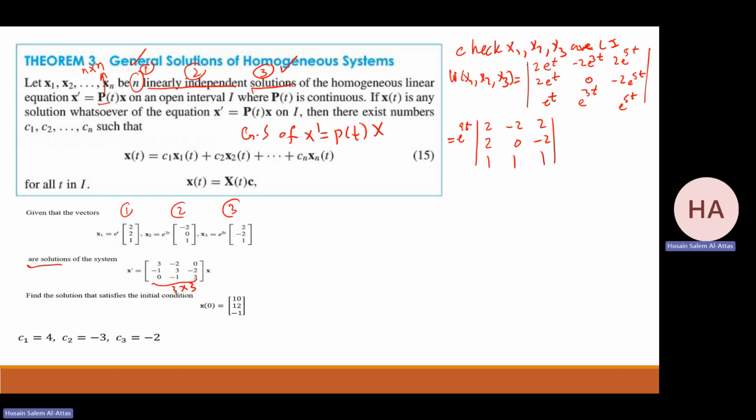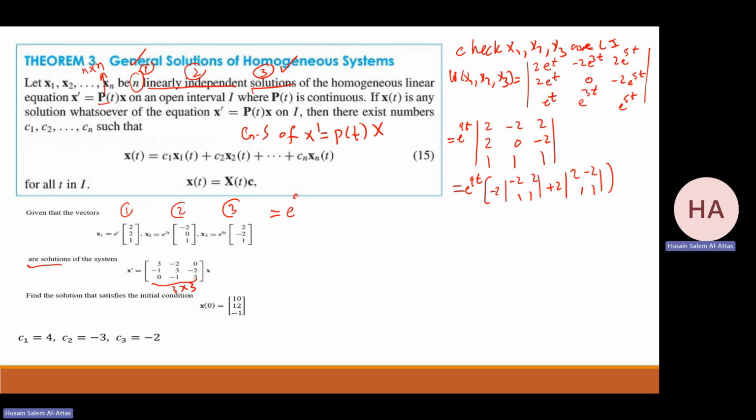I'll do the expansion with the second row: minus 2 times the minor 2, 2, 1, 1, plus 2 times the minor 2, minus 2, 1, 1. I think it will be the same.